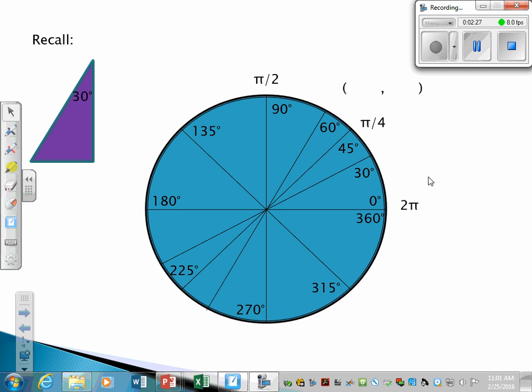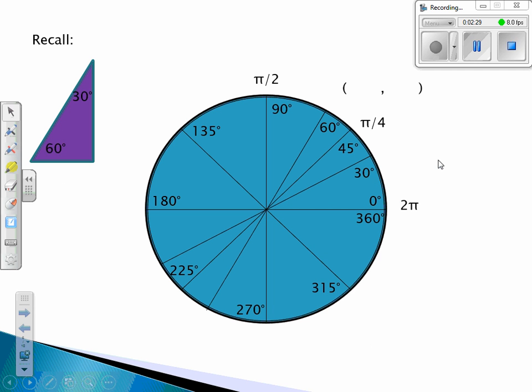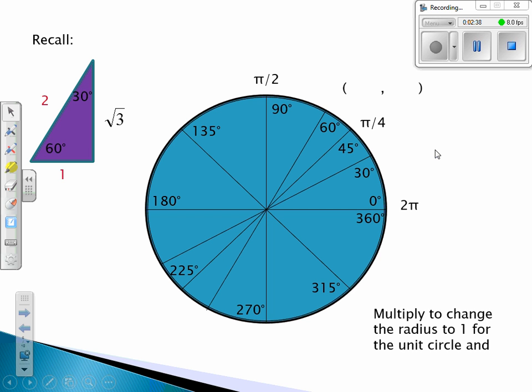We're going to see one more. This time it's the 30, 60, 90, but we're going to work with the 60-degree triangle and see how it fits in, just so you see another example. Remember, for the unit circle, it has to have a radius of 1, so that's the biggest concept we had to do that mini lesson for. So our values are now this.